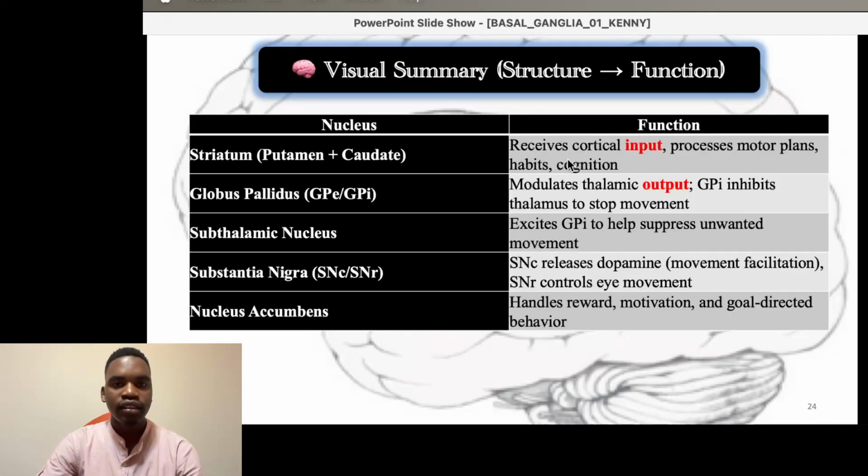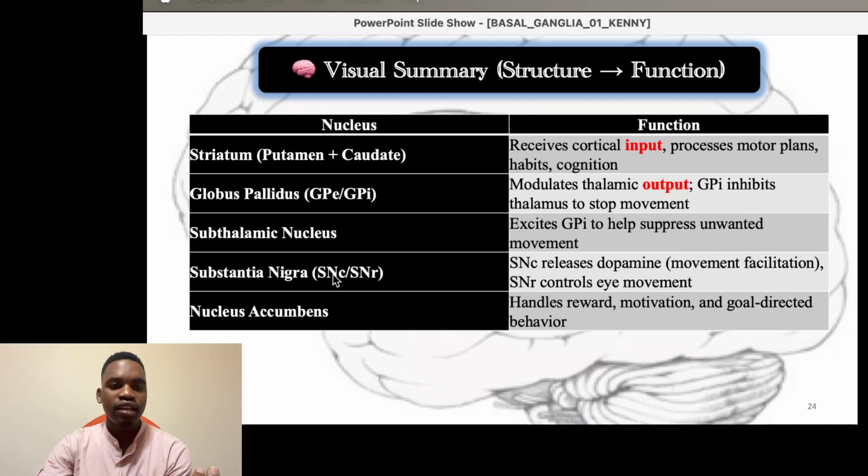This is just a summary of the functions of these nuclei. The striatum, which forms the putamen and caudate, is the main input to the basal ganglia. The internal segment of the globus pallidus is its most important output gate, together with the substantia nigra pars reticulata.